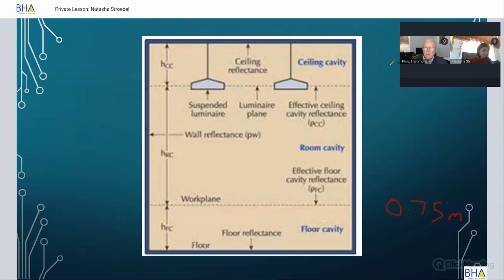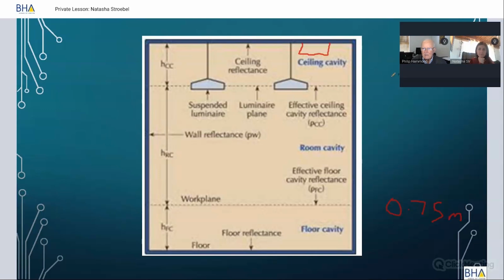But if we had a surface mounted fitting, and the fitting was mounted there on the surface, how would we calculate the ceiling cavity? If that fitting was 7 centimeters in size, then our ceiling cavity would be 7 centimeters.